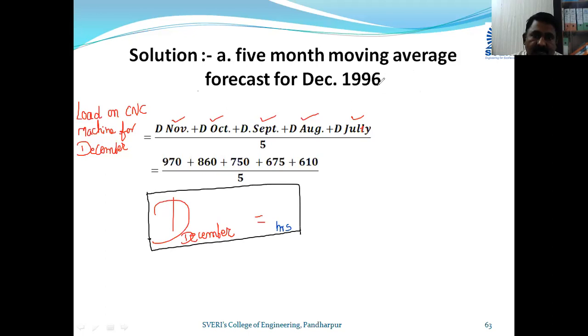Is it that much difficult? Just the average of these 5 pointers is asked. You will get the forecast for December by taking the average of the last 5 months. Now, what is the answer?